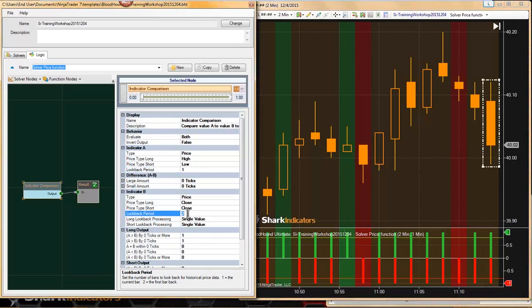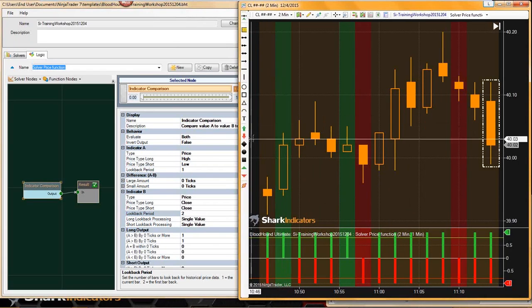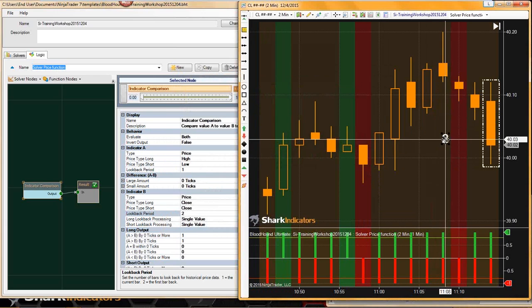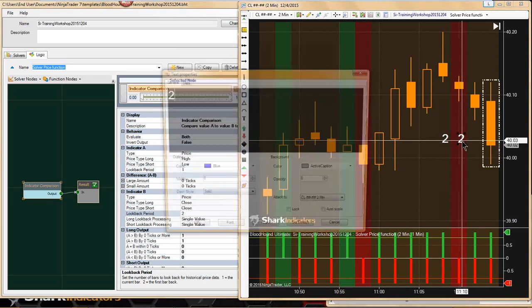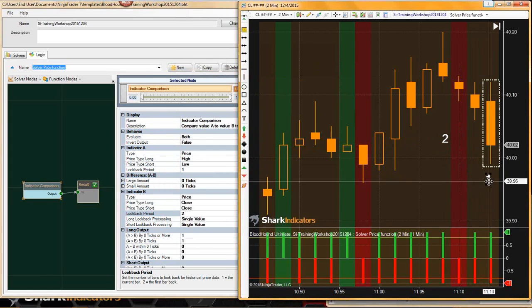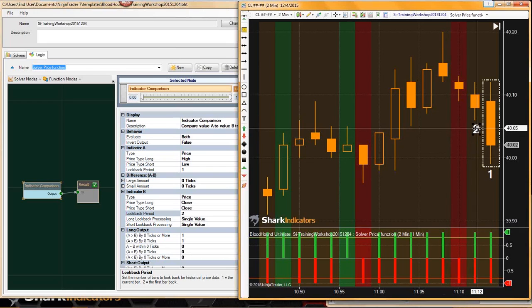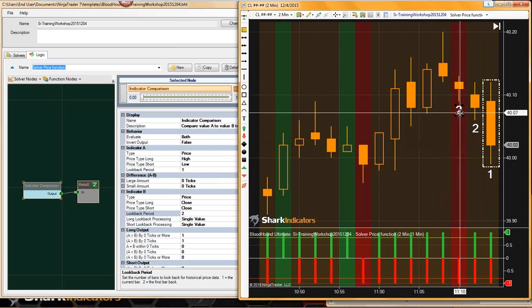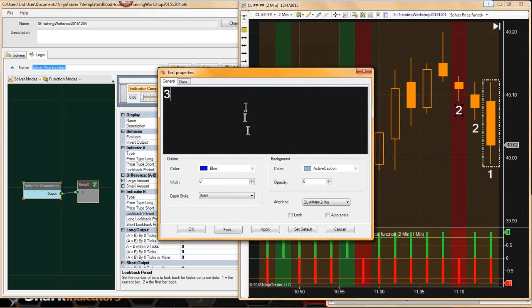And with your look back period set to 2, you're looking at, let me grab a piece of text here, this is look back bar 1, and this is look back bar 2. And as you might have guessed, that's going to be look back bar number 3.